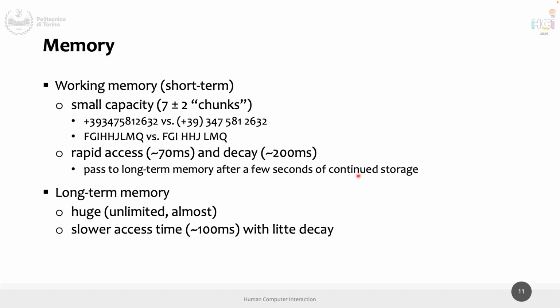So for what concerns memory, one thing to keep in mind, because it could be helpful, is that we have two kinds of memory, more or less. One is the working memory, one is the long-term memory.